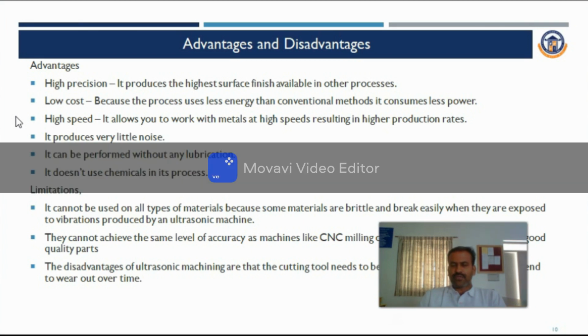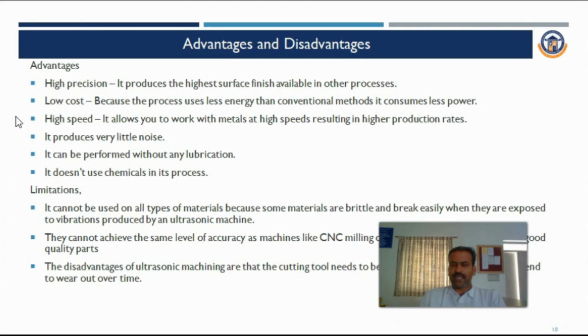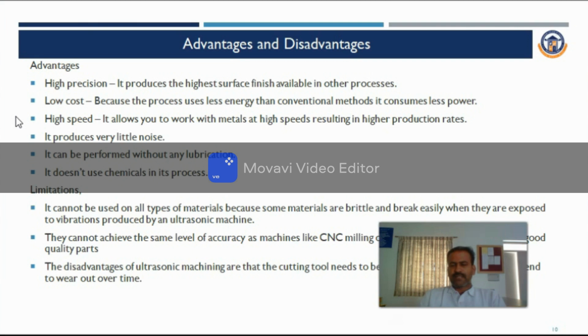So we do not use this ultrasonic machining process with all materials. It cannot achieve the same level of accuracy as machines like CNC milling or EDM. The disadvantage of ultrasonic machining is that the cutting tools need to be regularly replaced because they tend to wear out over time.